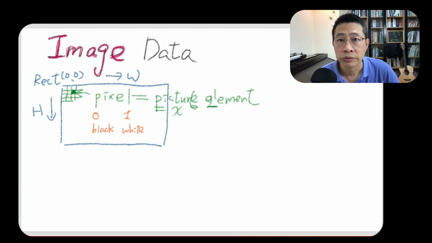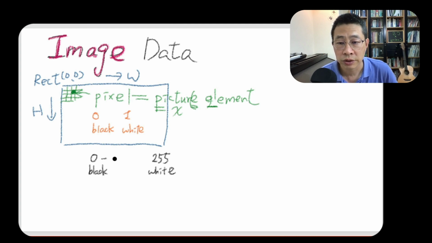For example, 0 is black, but 255 is white.